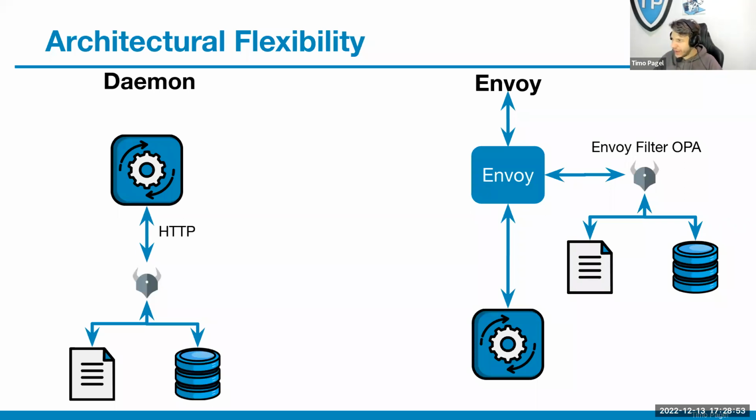So the customer enriched the request with HTTP fields with the data which OPA needed in order to perform the authorization decision, and that didn't feel right.